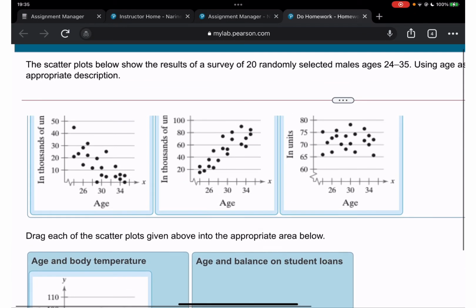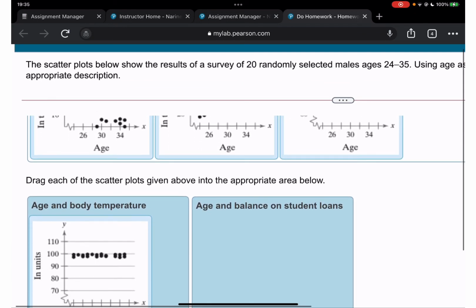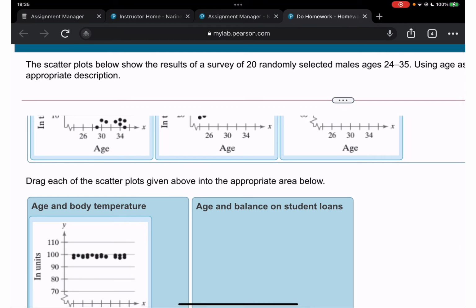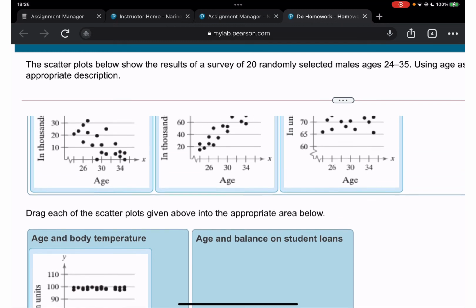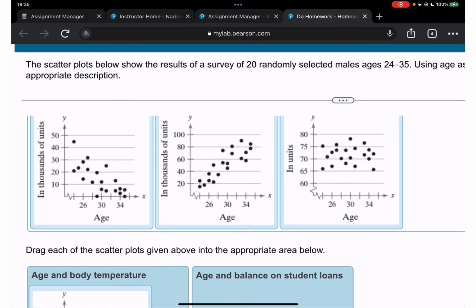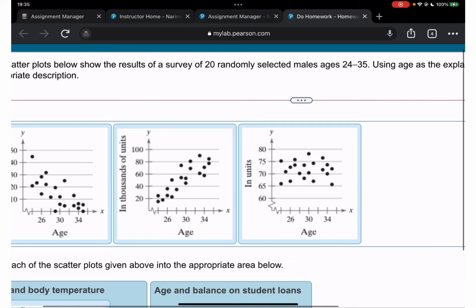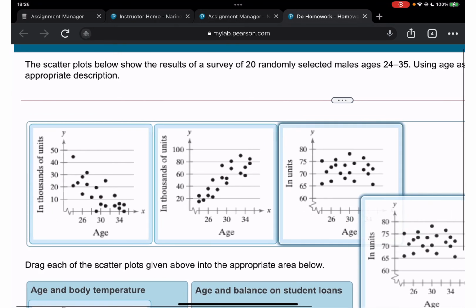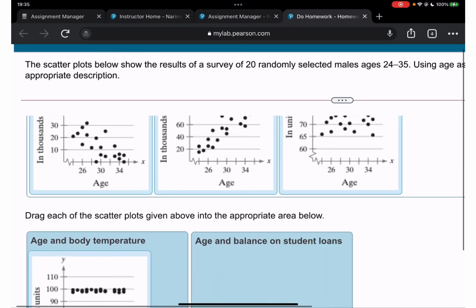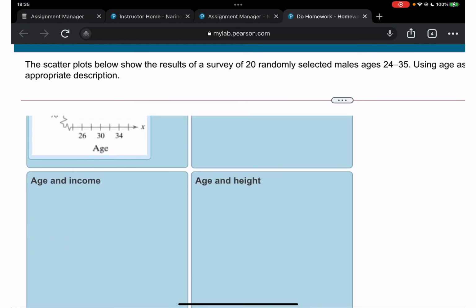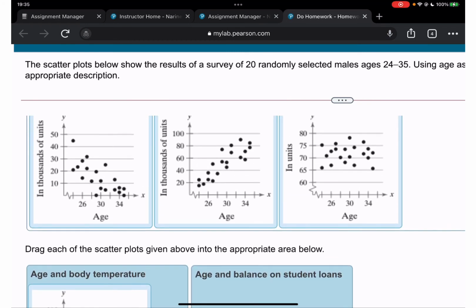Okay, next, age and balance on student loan. So where is the balance on a student loan? There have to be 4 of them.